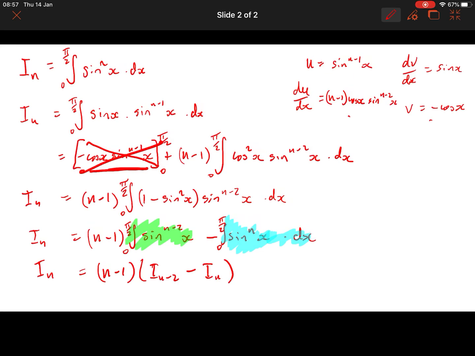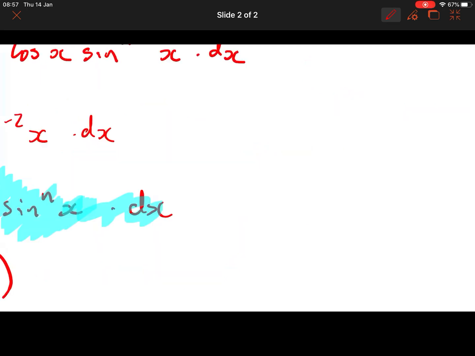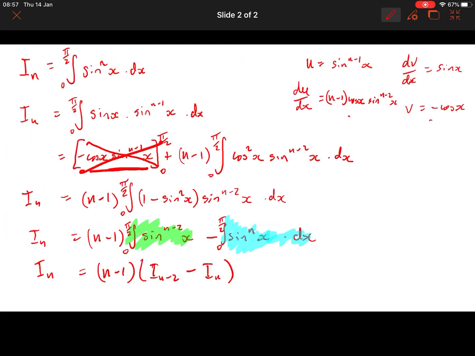Now it's a simple case of trying to rearrange the formula to make I of n the subject. So divide everything by n minus 1. So I of n over n minus 1 is equal to I of n minus 2 minus I of n. So I of n over n minus 1 plus I of n, take the I n's to one side. Now multiply everything by n minus 1.